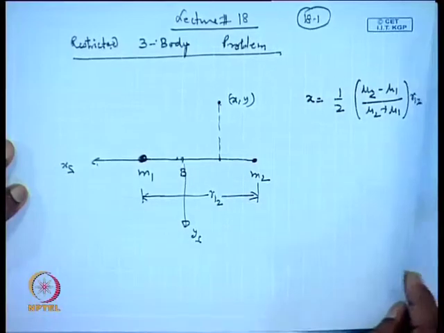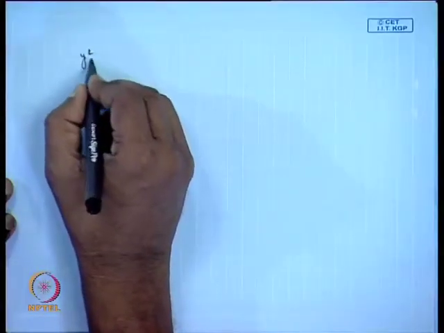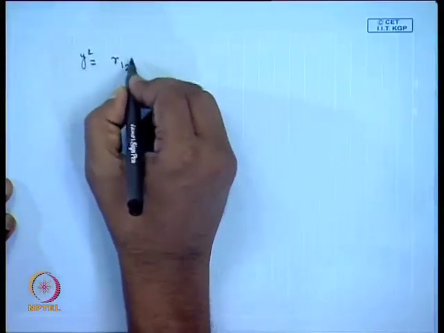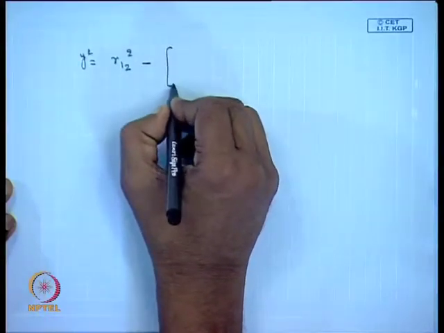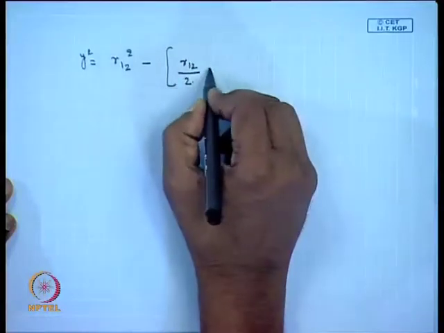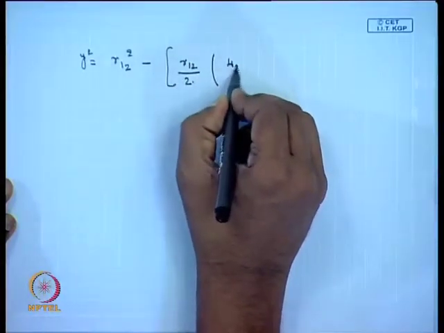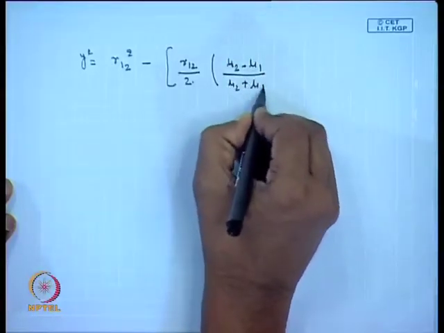And we were working out for y. So, the expression for y that we got: we wrote y square as r 1 2 square minus r 1 2 by 2 times mu 2 minus mu 1 by mu 2 plus mu 1.